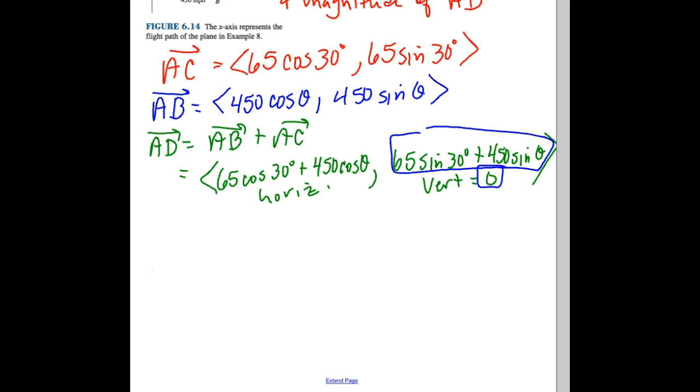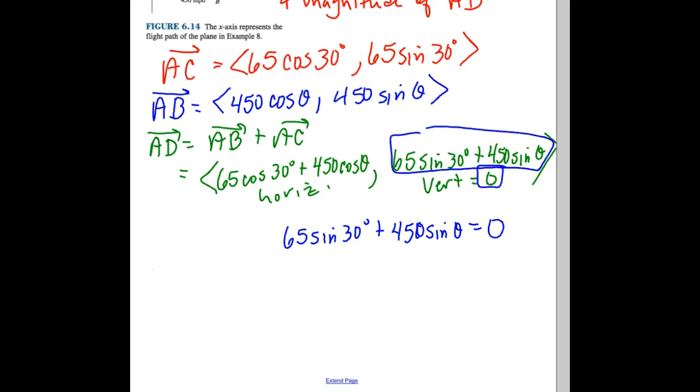That's going to help us figure out what that theta should be. Okay? So we've got 65 sine 30 plus 450 sine theta, and it should equal 0.